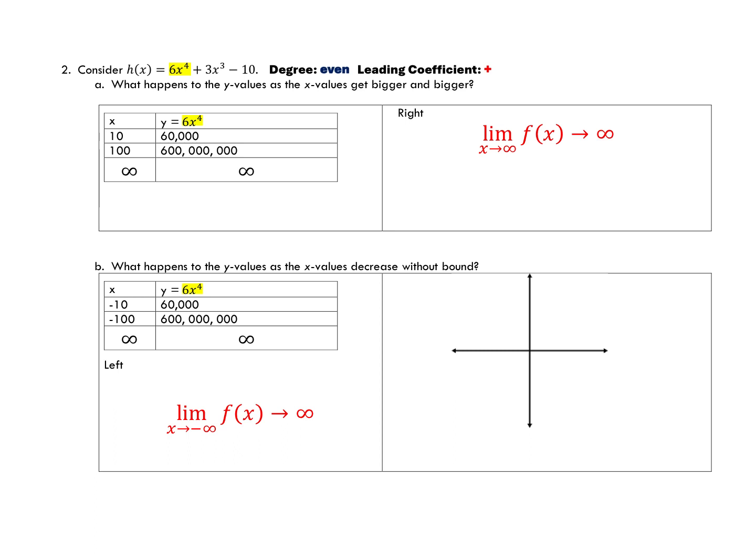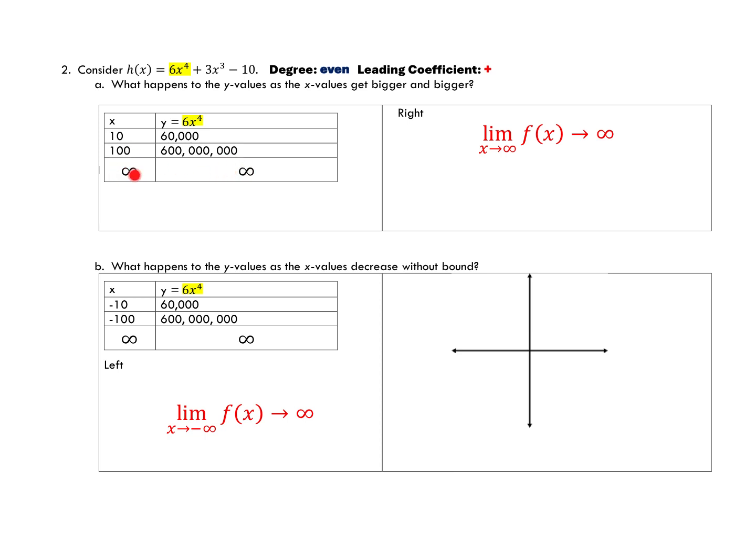Now let's consider an even function. The degree is even, and the leading coefficient is positive. Again, I'm just going to consider the first term. So I plug in 10, then I plug in 100, and you see the values are getting bigger and bigger. If I plug in a very big number, I'm going to get a very big number for y.